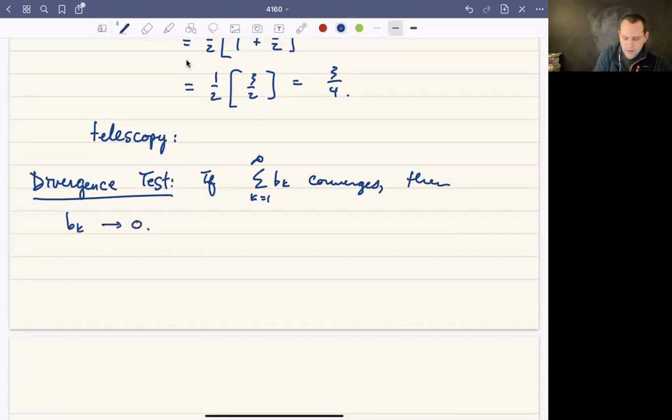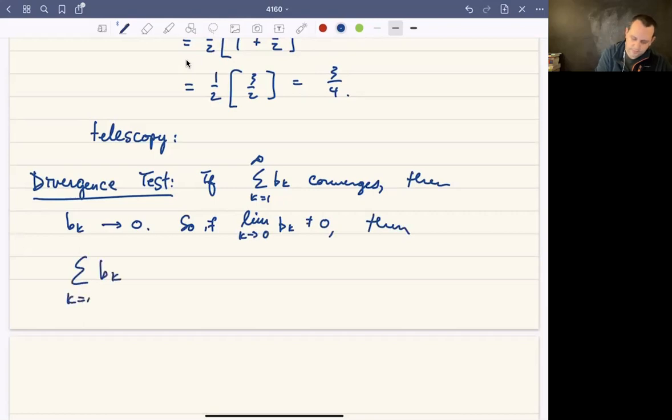In other words, if the terms b sub k do not go to 0, then the series diverges, no matter what. Okay, so this is called the divergence test.